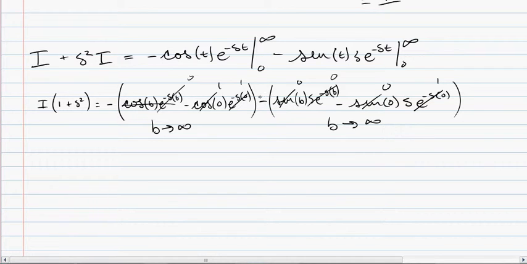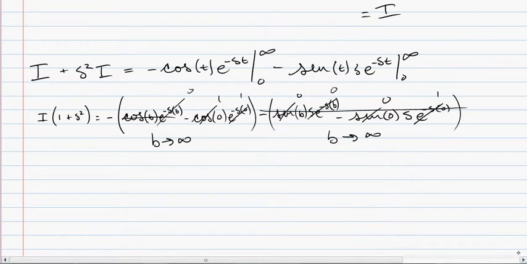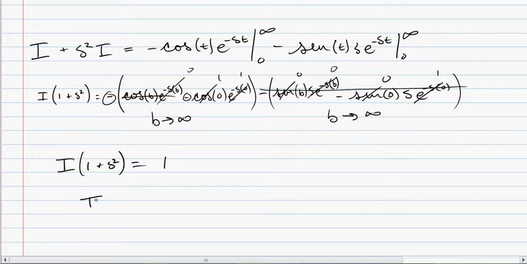So we can just basically ignore this whole thing. And we end up with I1 plus s squared is equal to, we've got a negative here, and negative, so it's just equal to 1. So I, which is our original definition of the Laplace transform, is equal to 1 over s squared plus 1.